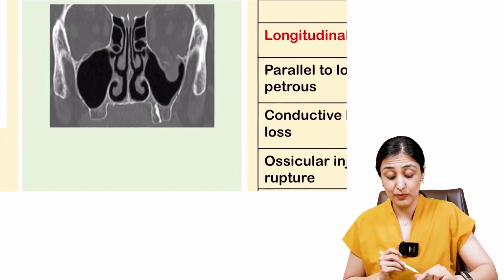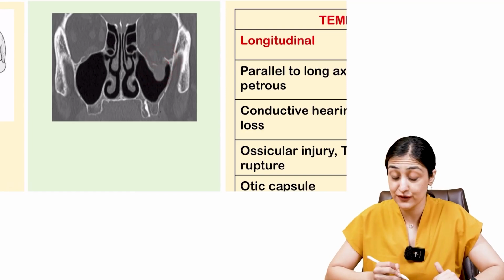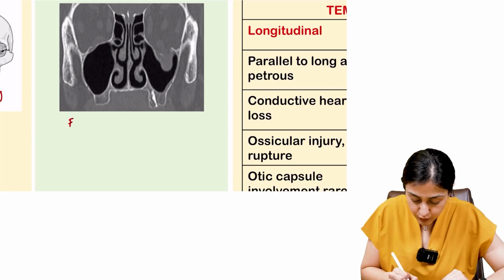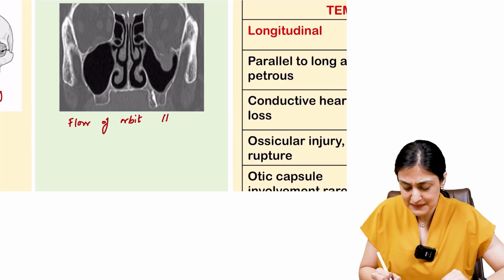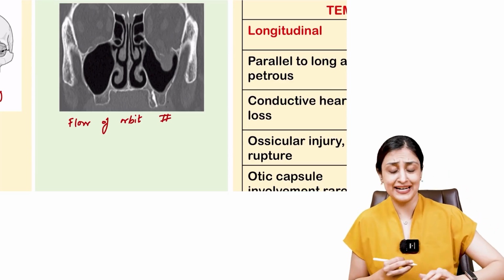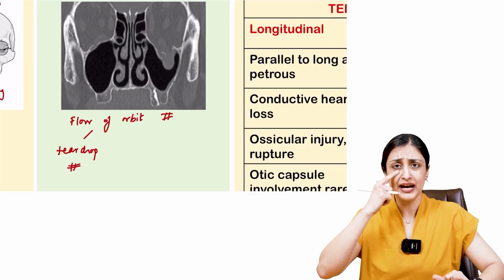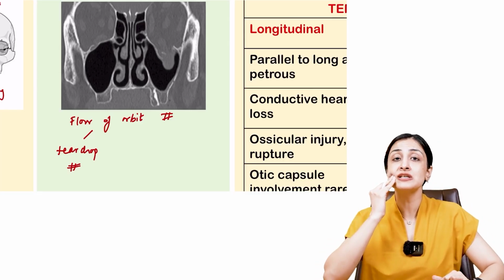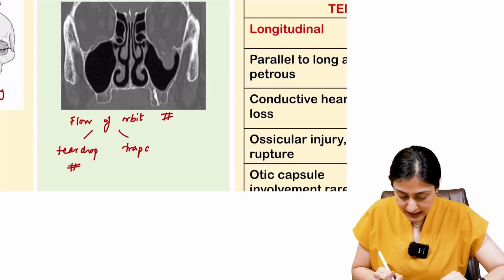Then coming to most commonly asked in the exam, can you see on the left side the floor of the orbit has fractured? So this is floor of orbit fracture, which has been given multiple names, and each name is adding some value. First, it is called teardrop fracture. That tells you that it does look like a teardrop because of the floor of orbit fracture. Second, it is also called trapdoor fracture.